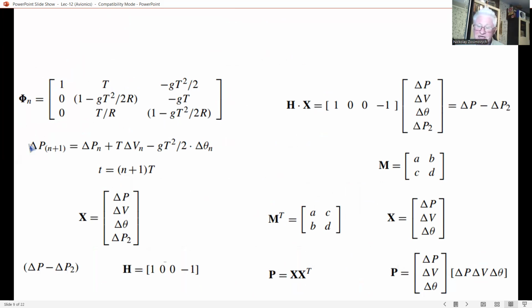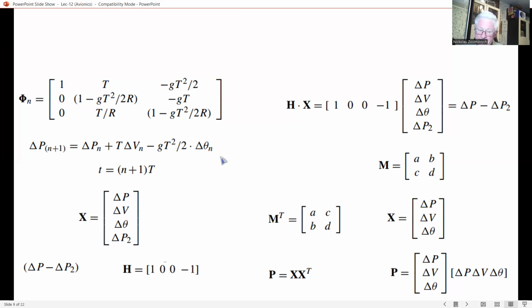And hence, delta P at n plus 1 will be this expression, and not a very awful formula: delta Pn plus T delta Vn minus G t squared over 2 times delta theta n. And hence, we may find the next expression.